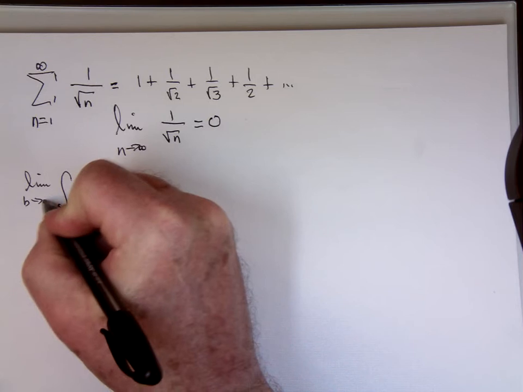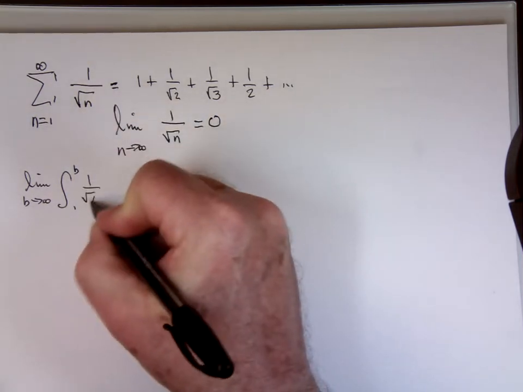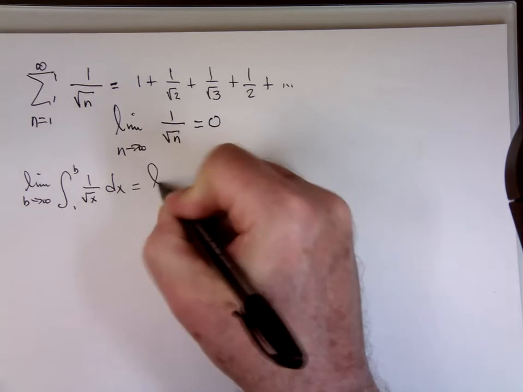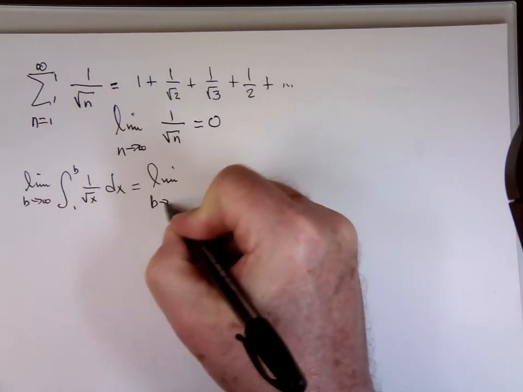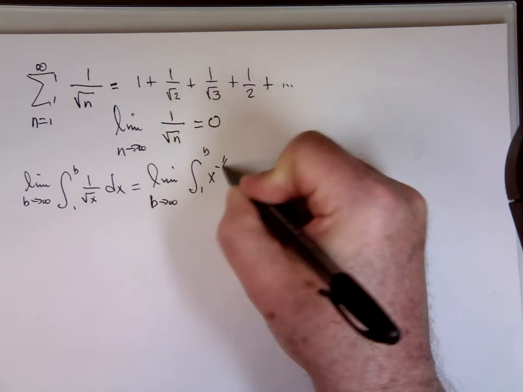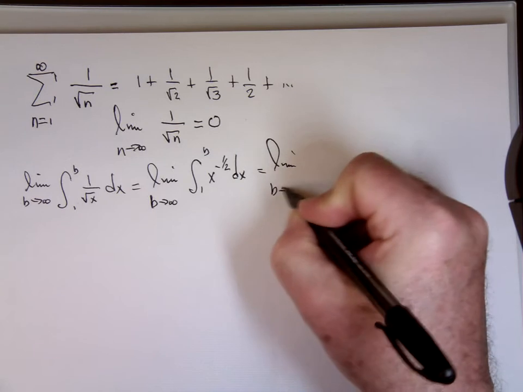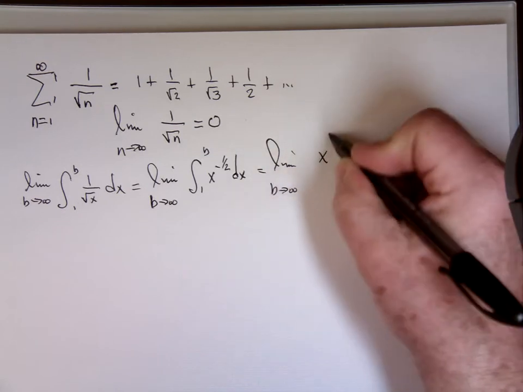The integral of 1 over square root of x, which is x to the negative 1/2. Add 1, divide, from 1 to b.